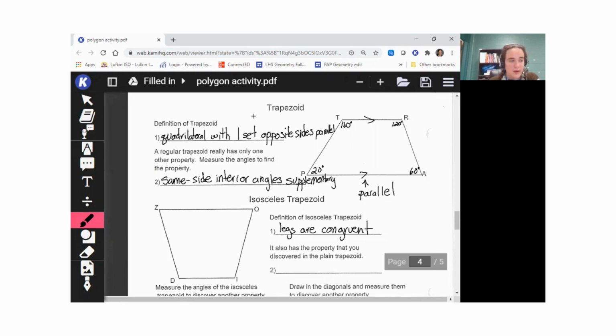And you still have a quadrilateral with one set of opposite sides that are parallel, because it is a trapezoid. And you still have your same side interior angles that are supplementary because it's a trapezoid.